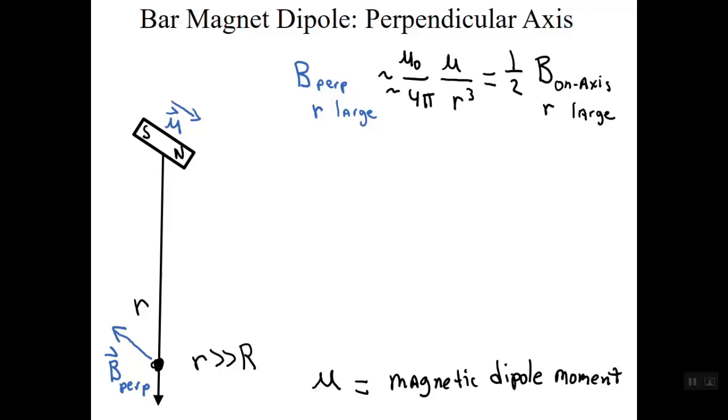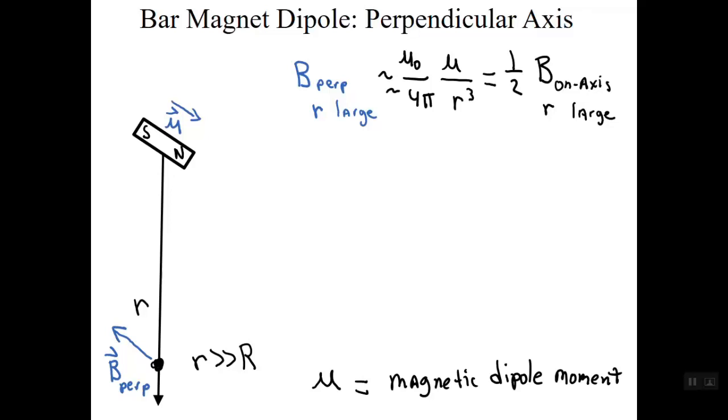At other observation locations, the shape of the bar magnet's field has the same dipole shape we saw for a current loop. Now, recall for the current loop we had a simple explanation for the source of the magnetic field, the Biot-Savart law for currents, and a simple expression for the magnitude of the magnetic dipole moment. For bar magnets, the explanations are more complex, involving a discussion of what's happening at the atomic scale in the material that makes up the bar magnet.